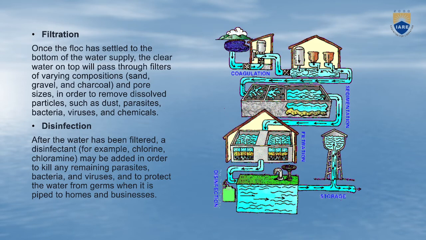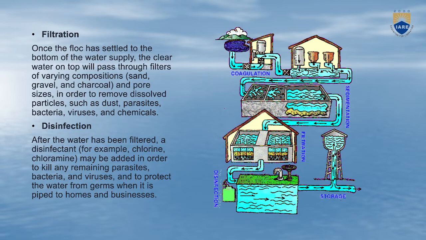Filtration. Once the floc has settled to the bottom of the water supply, the clear water on the top will pass through filters of varying compositions, such as sand, gravel, and charcoal, and pore sizes, in order to remove dissolved particles such as dust, parasites, bacteria, viruses, and chemicals. Disinfection.